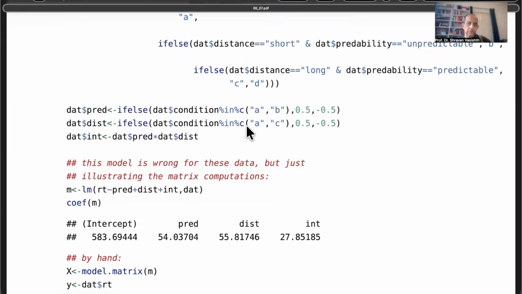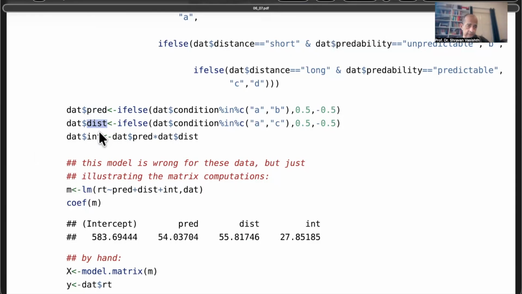In any case, conditions A and B refer to one level of the predictability factor, and conditions C and D to the other level, the unpredictable cases. So basically we have done sum coding for the two factor levels for predictability, and sum coding for the two factor levels of distance. Same situation there.